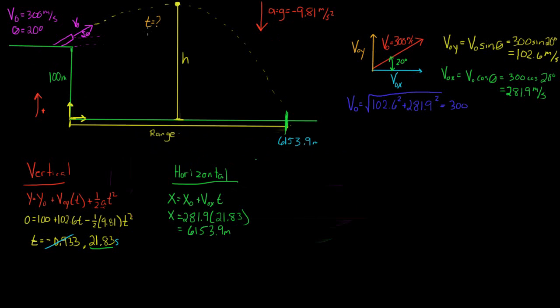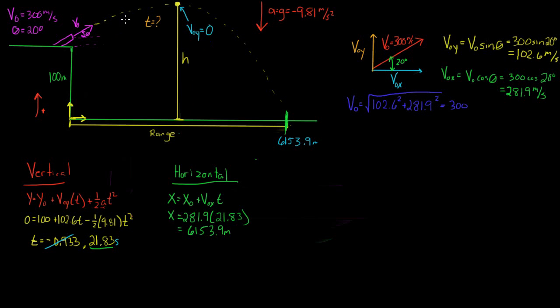And now the second part is how long it takes for this projectile to get to a maximum height, and what is that height. Now, the trick to figuring this out is we know when a projectile is at its maximum height, its velocity in the y direction is going to be equal to 0.